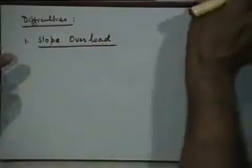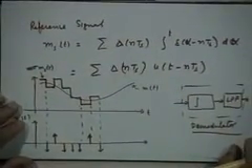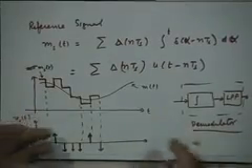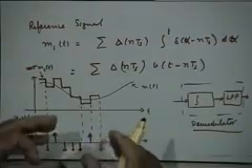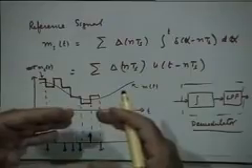Suppose your message signal is changing rather rapidly. Now there can be a situation that this staircase approximation is not able to track the rapid changes that are happening in the message signal.